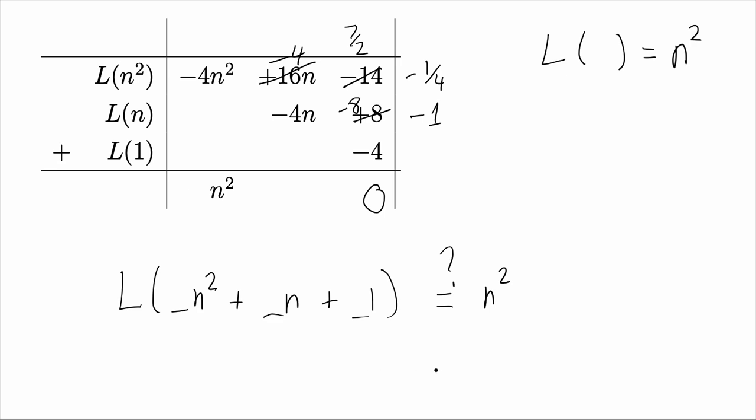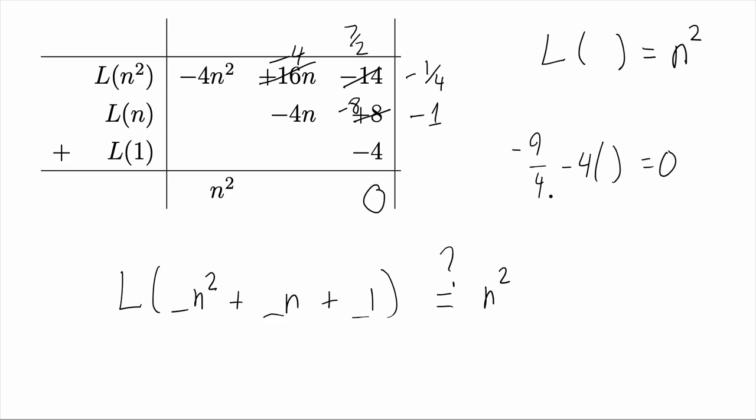So we have 7 halves minus 8. We can think about 8 as 16 halves. So we have 7 minus 16 halves, so minus 9 halves. So you have minus 9 halves minus 4 times something is going to be equal to 0, right?